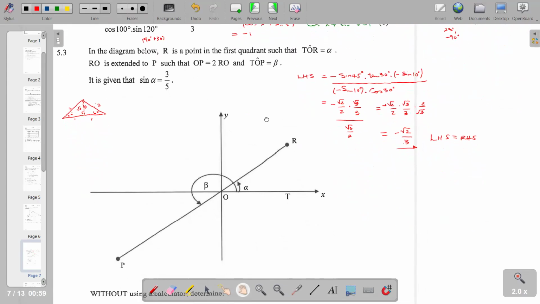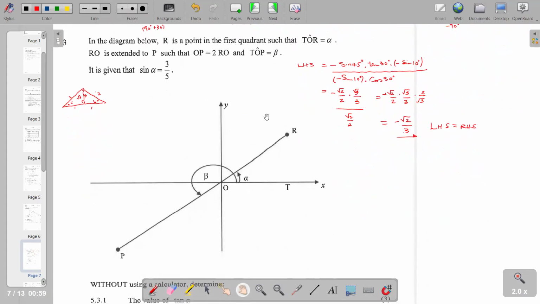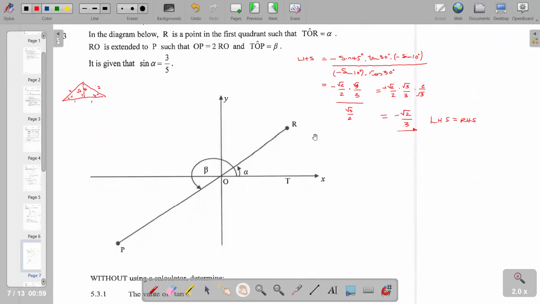They are saying, in the diagram below, R is a point in the first quadrant such that TOR is equal to alpha, RO is extended to P such that OP is equal to 2RO. And TOP is beta.